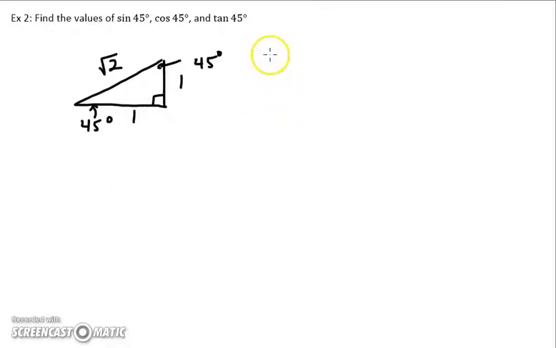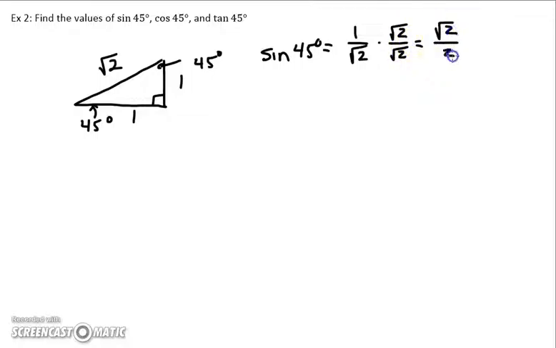So we can think about sine of 45 degrees as the opposite 1 over the hypotenuse radical 2. Rationalize, so we're going to get radical 2 over 2. Cosine of 45 degrees is going to be the adjacent 1 over radical 2.